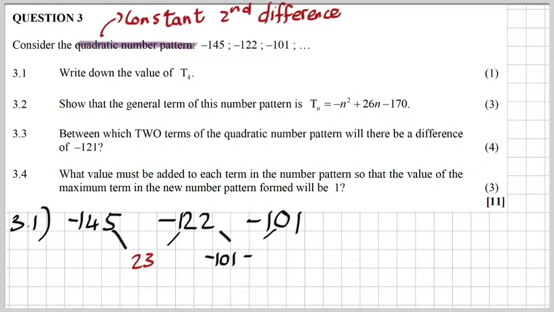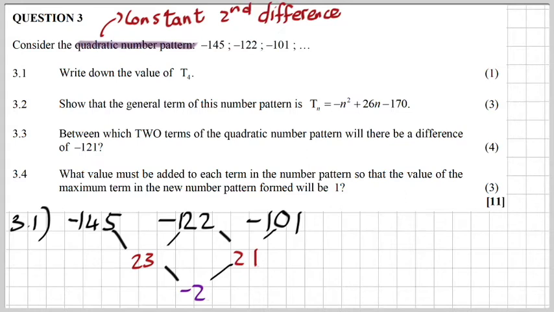I'm going to repeat this process, and now I'm adding 21. To get the second difference, I say 21 minus 23, which means there's a constant second difference of negative 2. How do I know it's constant? Remember, we're talking about a quadratic pattern.